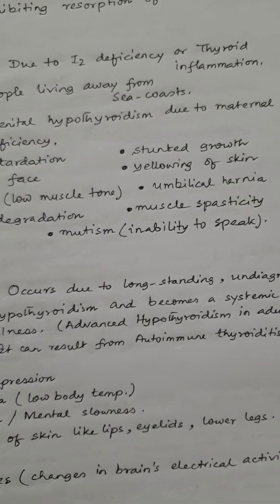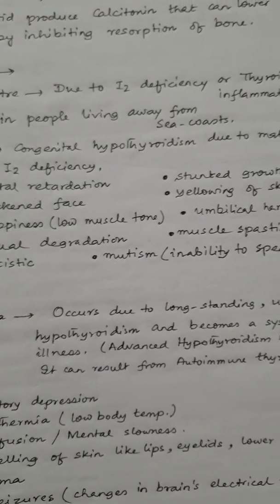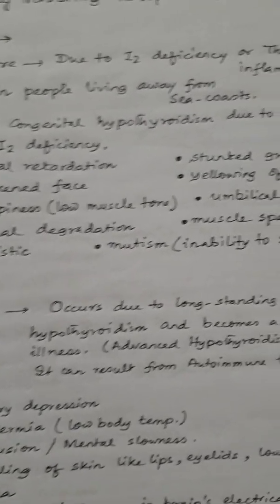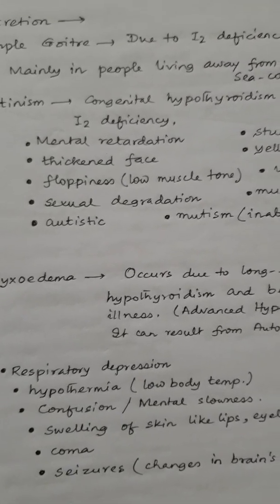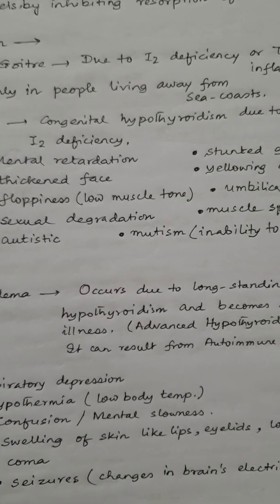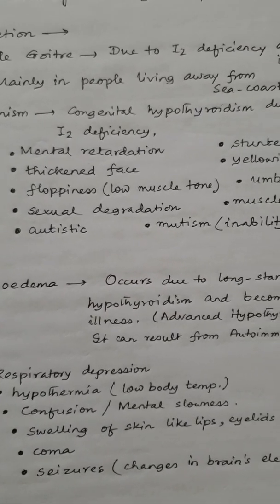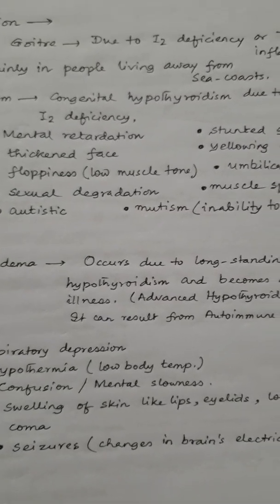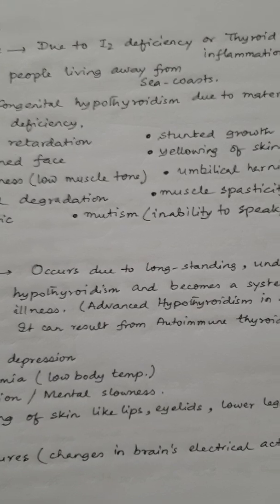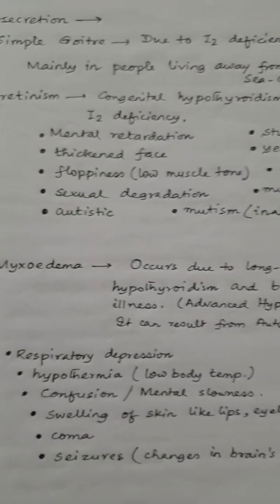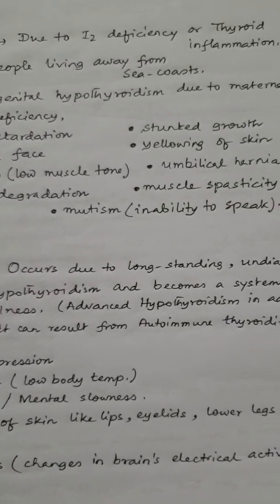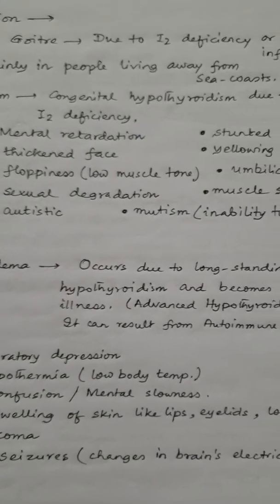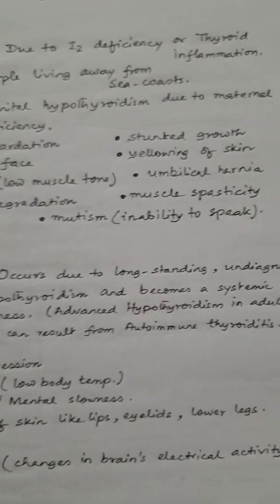It is due to maternal iodine deficiency. The symptoms include mental retardation, stunted growth, thickened face, yellowing of skin, floppiness, umbilical hernia, sexual degradation, muscle spasticity, autistic behavior, and mutism.